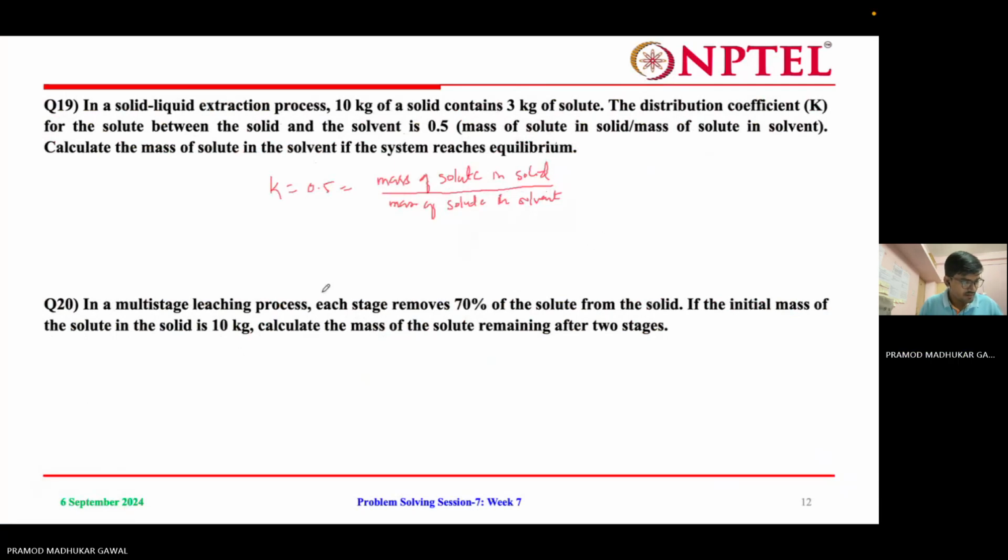So let the mass of solute in the solvent be S. Then the mass of solute in the solid is 3 minus S, so 0.5 equals (3 minus S) divided by S. So the mass of the solute in the solvent is 2 kg.